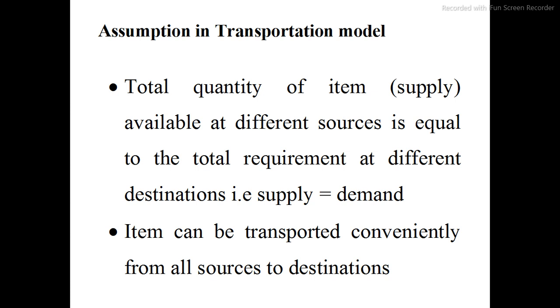The total quantity of item available at different sources. That means if a warehouse has 10 quantities, at the same time the retailer demand should be 10. That means supply and demand both should be the same.